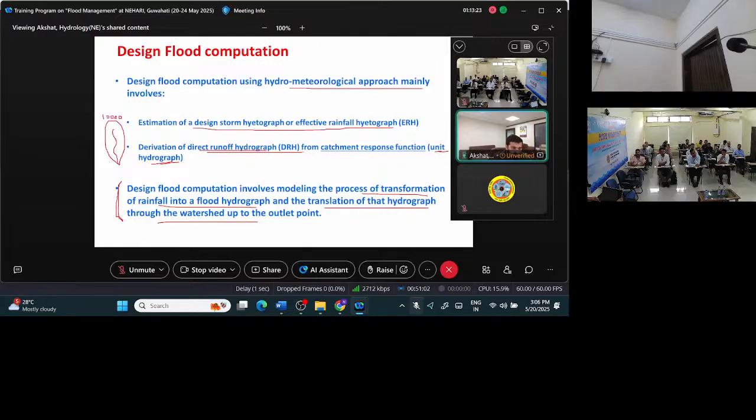We'll make multiple catchments. We'll find the storm hydrograph at these locations, the cross locations, and translate it over this reach, over the river, and come to this project site. I'll show you in the next slide how it is done.